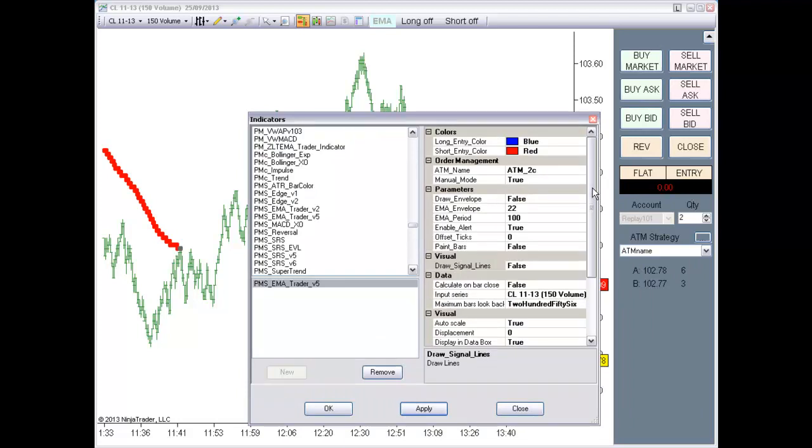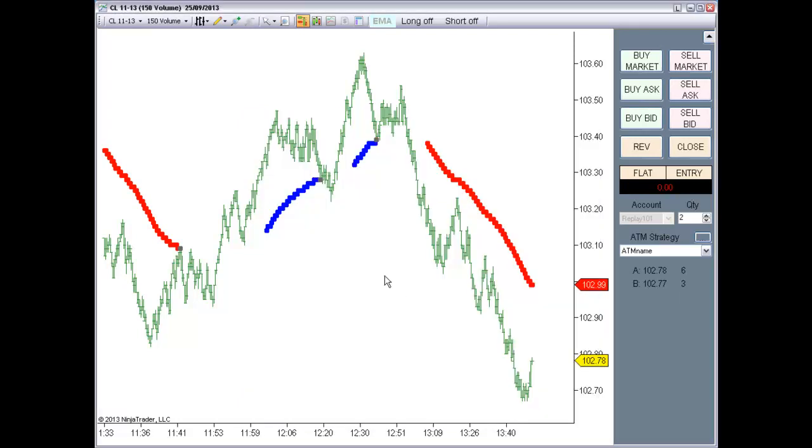And we have the ATM, where we can define what settings we are going to use for the orders.